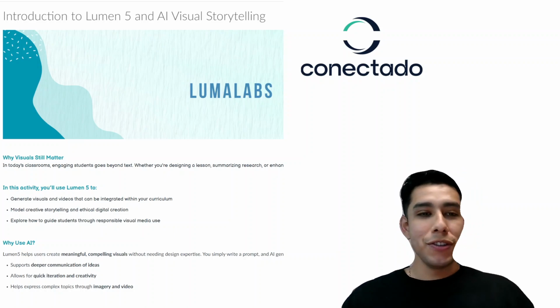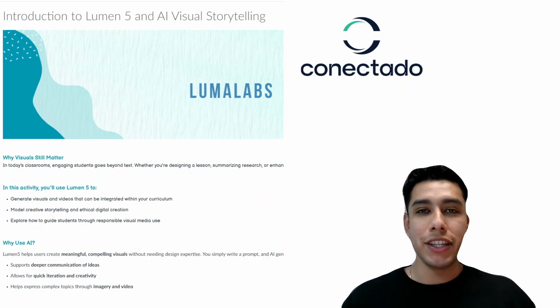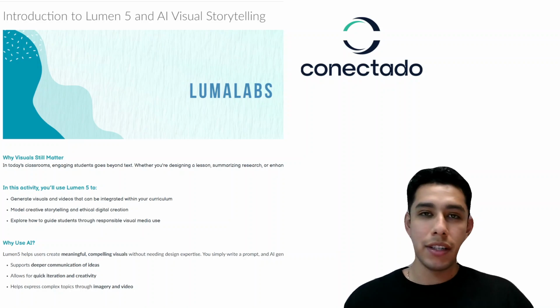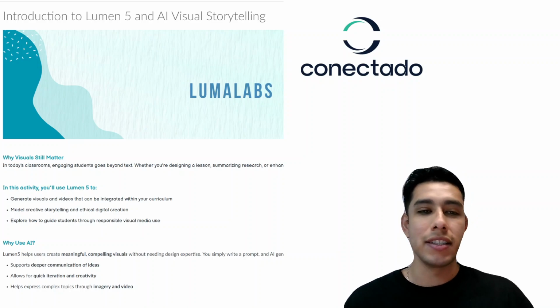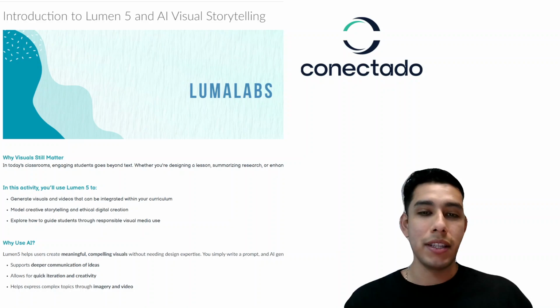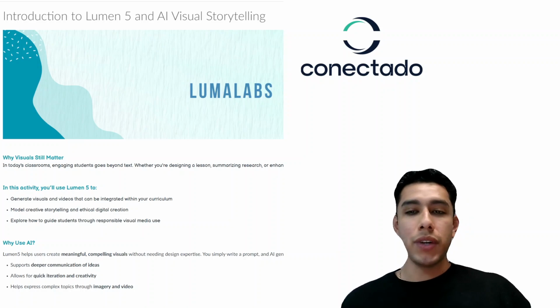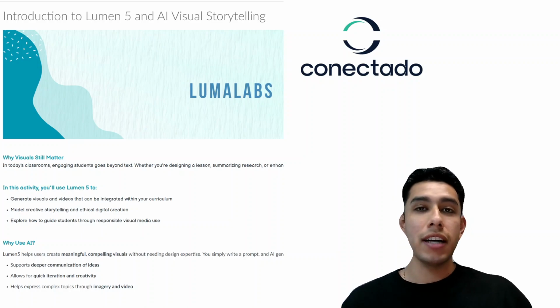Now, visuals are becoming increasingly more popular and engaging, especially for our younger populations this day and age, right? You think about the digital natives, the gamers, the TikTokers, the content creators. Creating visuals and applying that within the classroom really allows for a lot of these complex ideas to stick with these students. So whether you're designing a lesson or summarizing research, a lot of these kids are actually more visual learners.